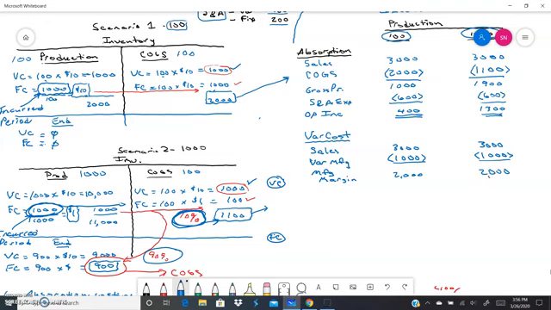Next, of course, we still have other variable costs. So we have variable selling and administrative expense, and that turns out to be $400. And again, that would be the same for both production scenarios.